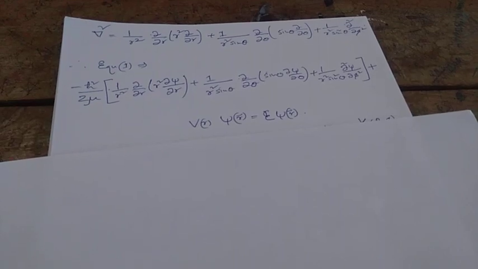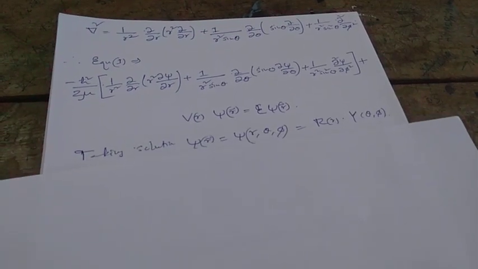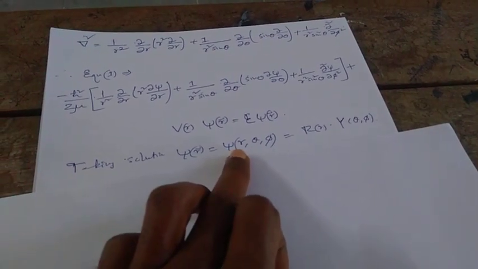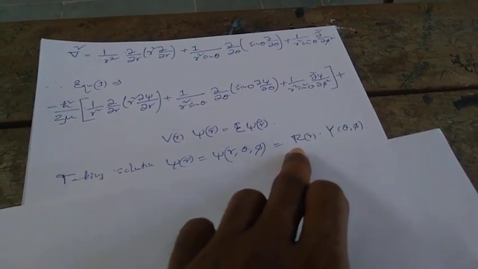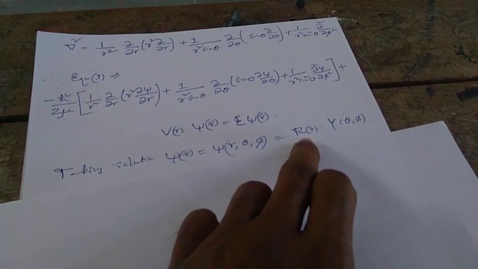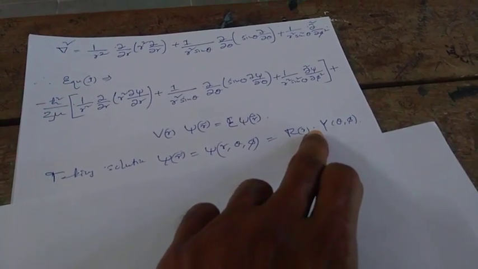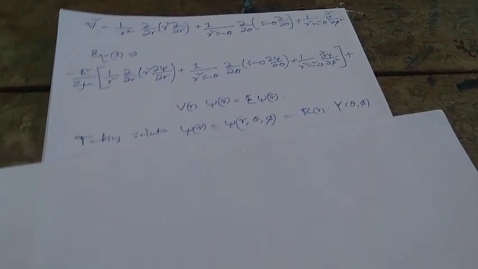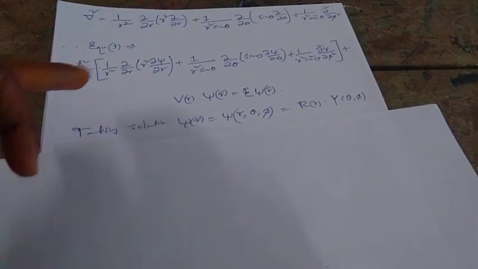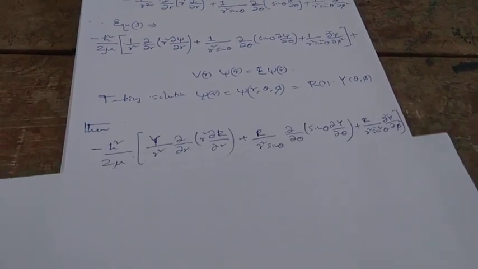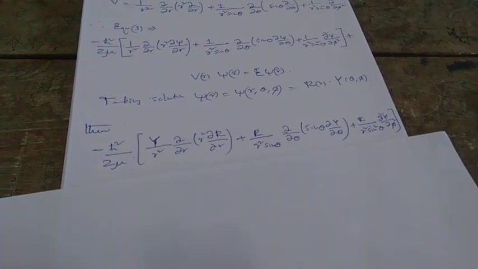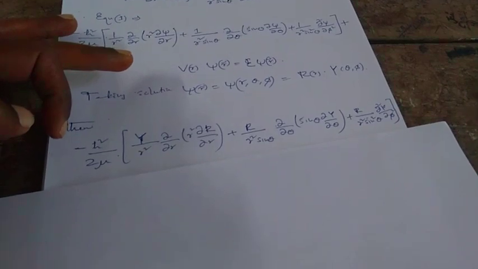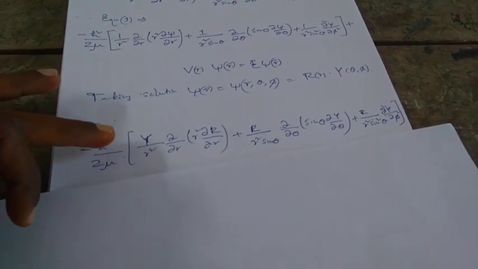And to solve this, we can take the solution for psi, which is a function of r, theta, phi, as a product of R, which depends only upon the r coordinate, and Y, which depends upon theta and phi coordinates. If you substitute this into the above equation, the first term has ∂/∂r, so it operates only upon r but not on Y, so Y remains as a constant outside.